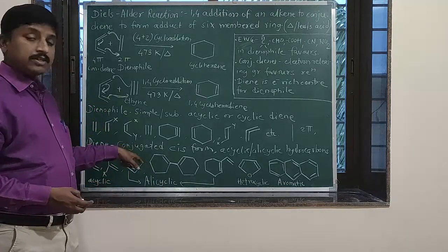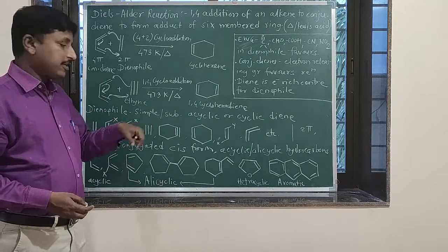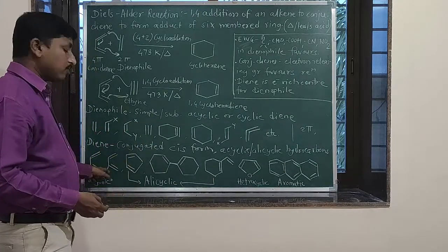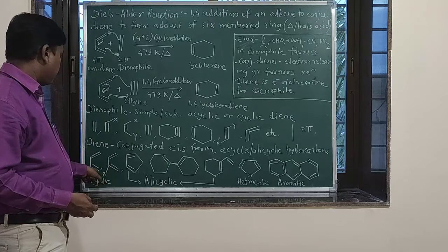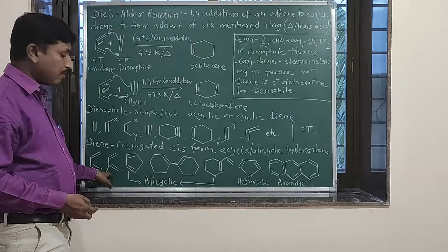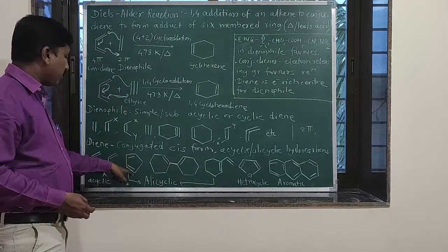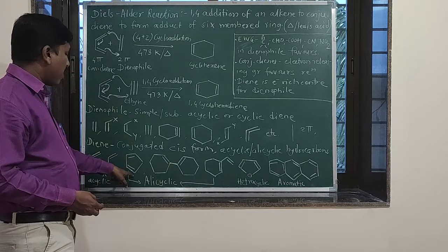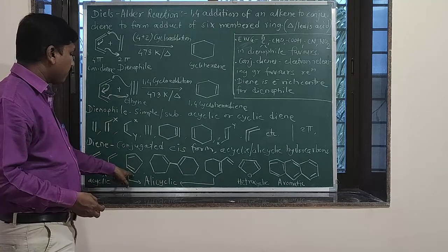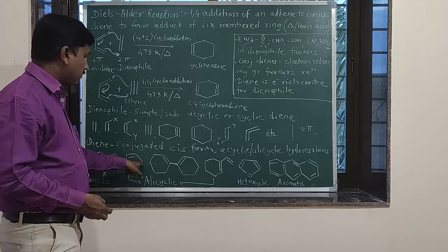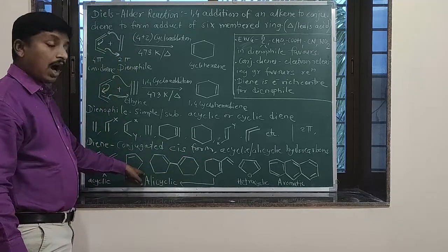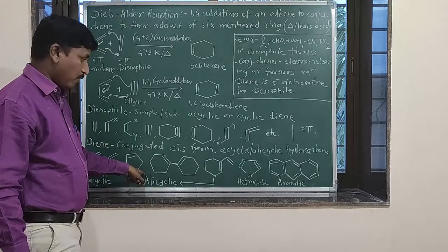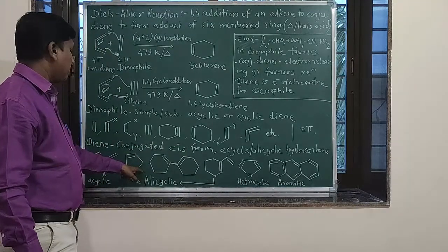So these are examples of conjugated dienes. These are two examples of acyclic dienes. This is 1,3-butadiene. This is a substituted 1,3-butadiene. Thereafter this is cyclopentadiene. This is first, this is second, and this is third. These are examples of alicyclic dienes.